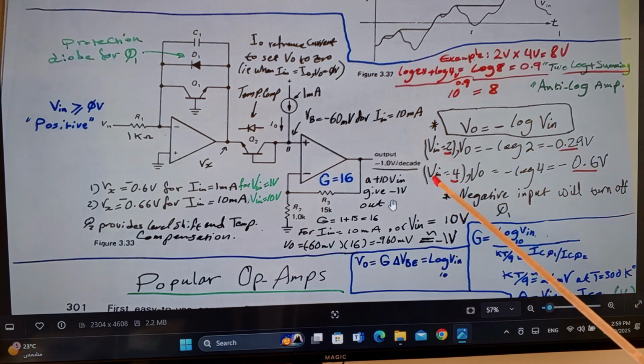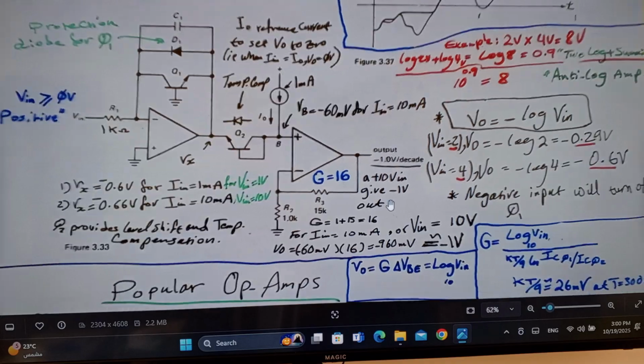We have a Vin of 4 volts here, and the Vo is minus log of 4. And that equals 0.3 volts, that's the minus log of 2, and minus 0.6 volts, that's the log of the 4. Add them up together, and you come up with about 0.9 volts that we got here. Okay, so this is how this circuit works.